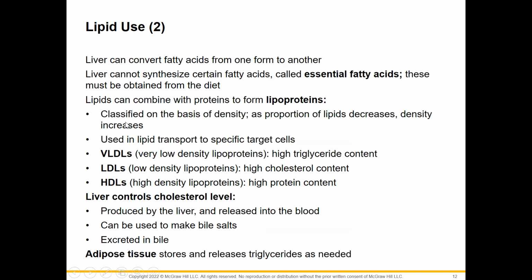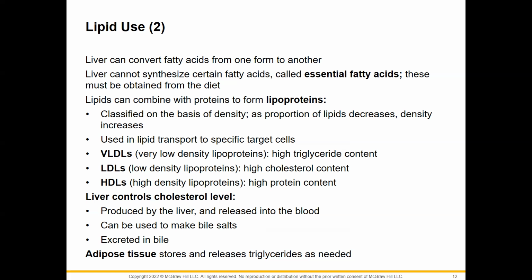And so the next terms that we go over are how these are classified, and that is what you want to consider. Lipoproteins are used in lipid transport to specific cells. Remember when we talked about steroid hormones. Steroid hormones are made up of a lipid backbone, a cholesterol backbone. Because oil and water don't mix, the hormone by itself, or the lipid by itself, can't easily go through the bloodstream to get from one place to another.